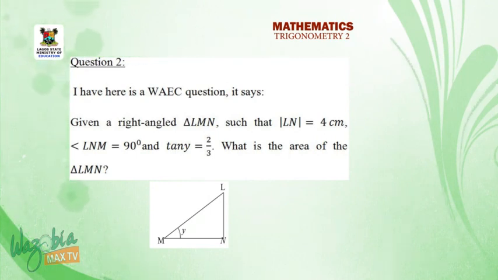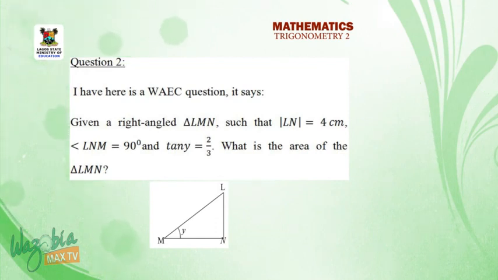They form like the strokes of L. So if you want to find the area of such a triangle, it will be half of base times height. The base can be MN and the height LN. But LN has been given, we don't know MN. So how do we get MN?